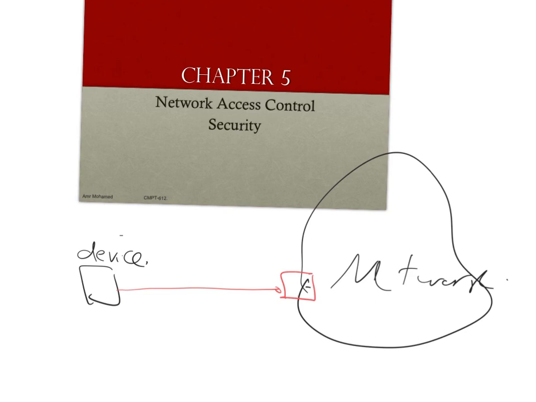Which is physically done in two forms. Whether we have a laptop or any device, and you have an Ethernet cable, okay? And then you go into one of these outlets, which is connected to a switch in the back end, and then you connect it physically, okay? By doing that, we activate some security function that happens in the back end.